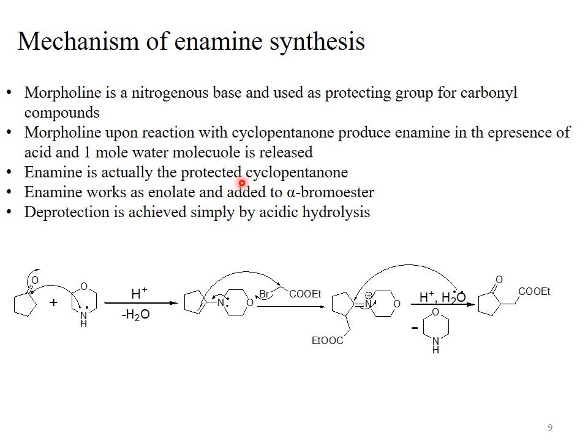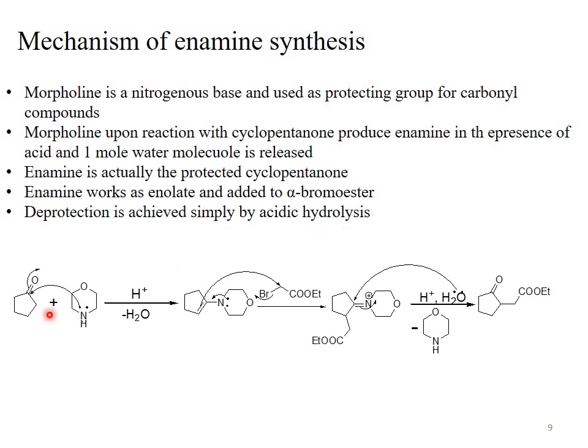Enamine is actually the protected cyclopentanone, because here the cyclopentanone is a starting material. Enamine works on the principle of enolate. The working pattern of enamine is the same as the working pattern of enolate. So we can say enamine works on the principle of enolate and adds to an alpha bromoester.